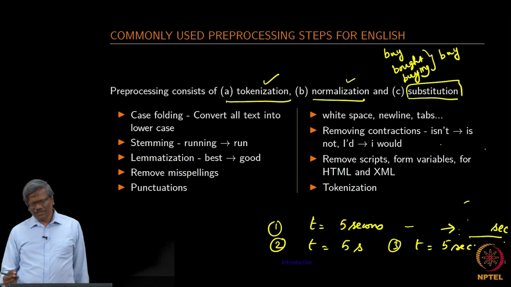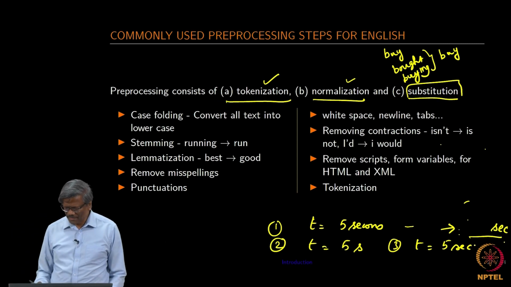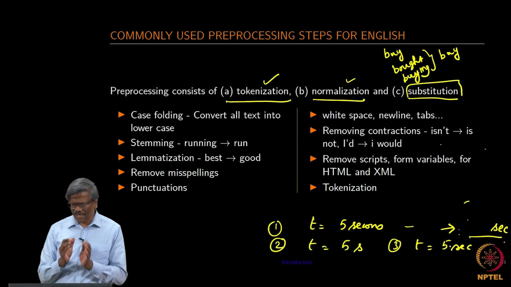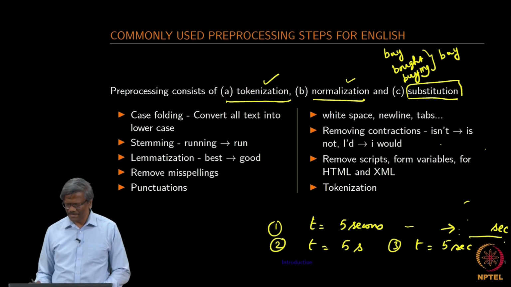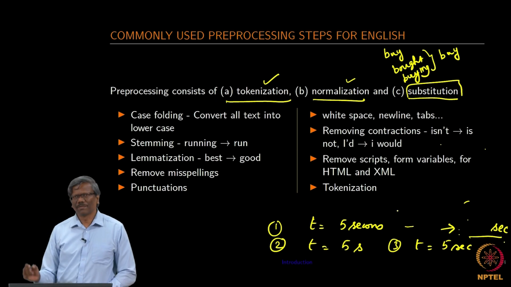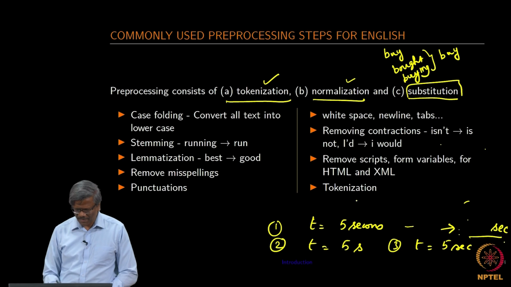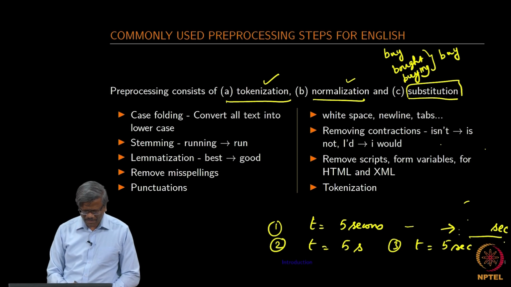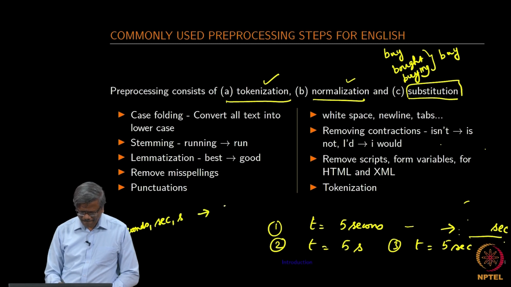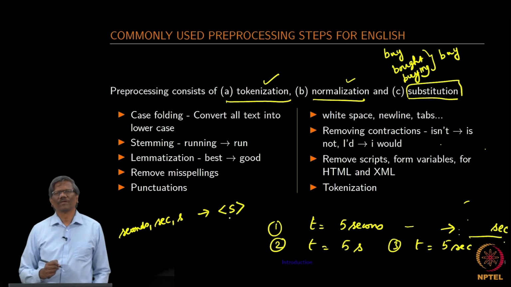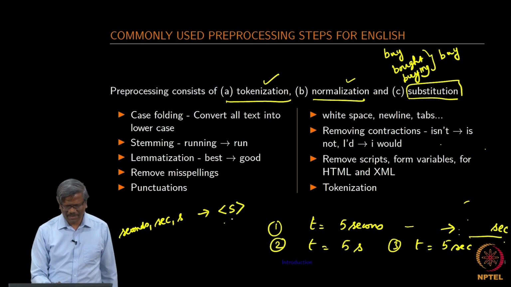So, for you to normalize this, what you do is you pick up some standard representation of seconds and then convert each one of them into that standard representation. For example, the standard representation for second to second to is as some notation that I am using.